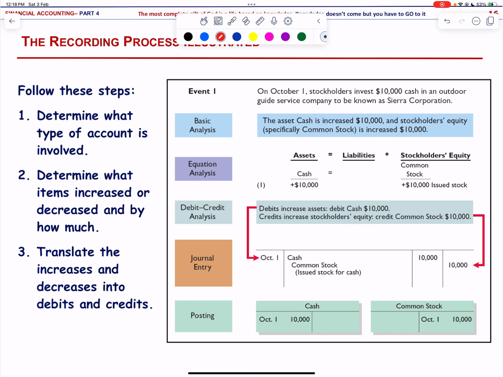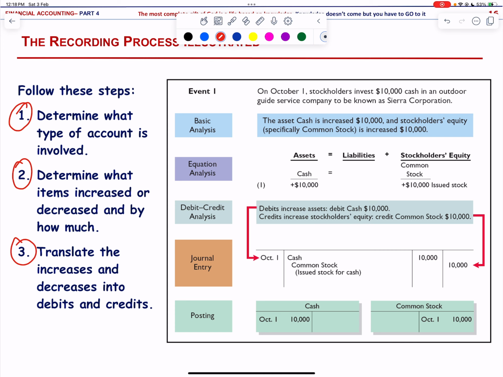We are going to follow these three things: first of all, determine what type of account is involved; determine what item increases or decreases and by how much; and translate the increase and decrease into debit and credit.